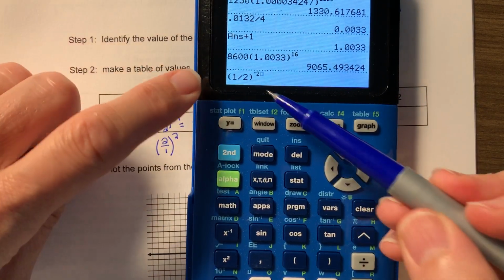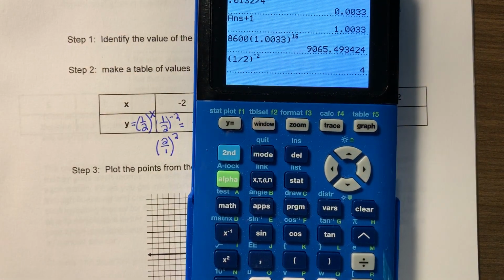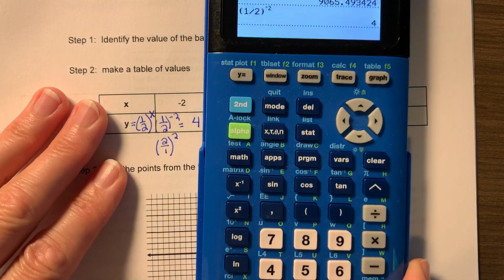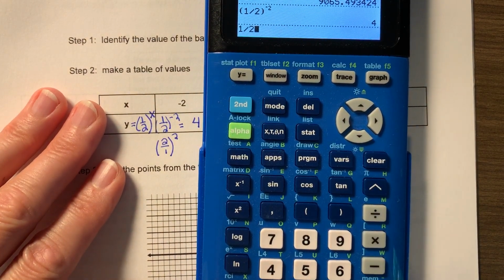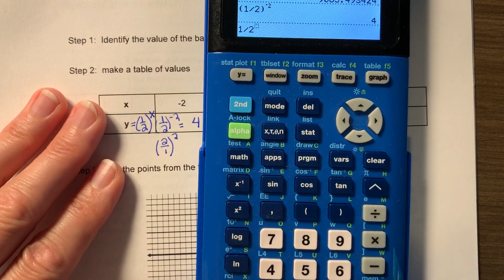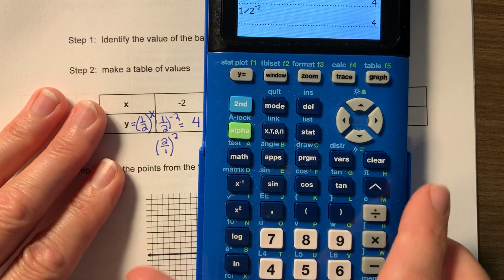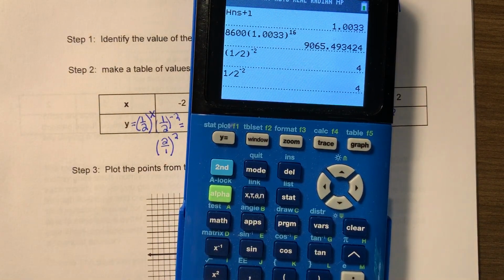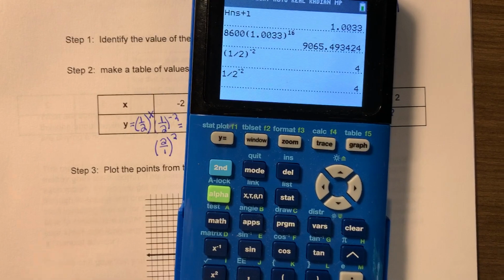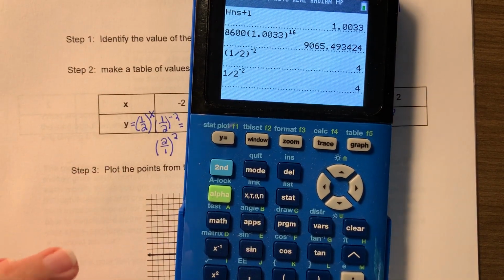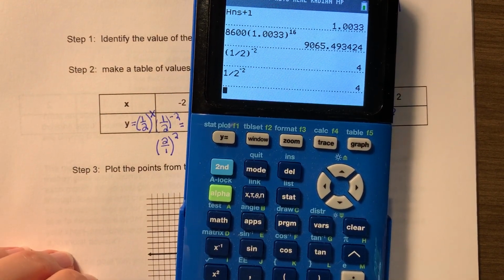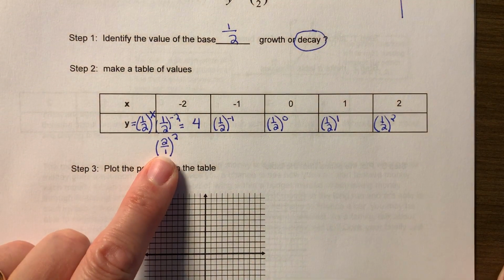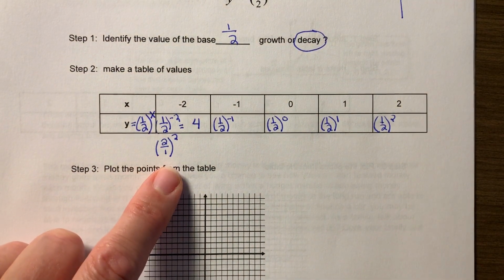You have to wrap it up in parentheses. I'll show you why in a minute. So I get 4. Let me show you what happens if I don't wrap it up in parentheses. I hope it does the wrong answer. Oh, it doesn't. Well, I'm going to warn you guys: I want you to always use the parentheses on these calculators. They get a little finicky sometimes, so just get in the habit of wrapping everything up.